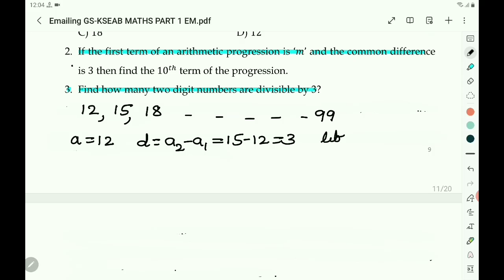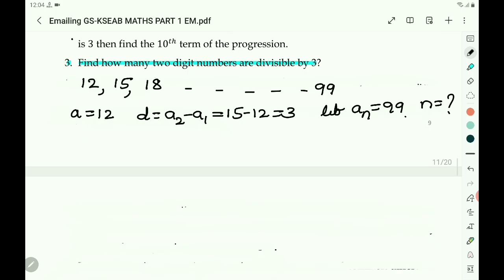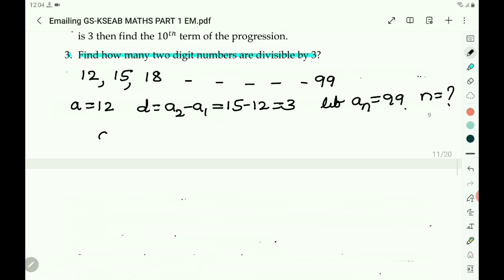And let the last term an equal 99, and n equals question mark. Write the formula for an. an equals a plus n minus 1 into d, that is equal to 99.